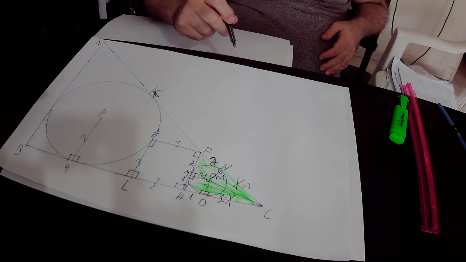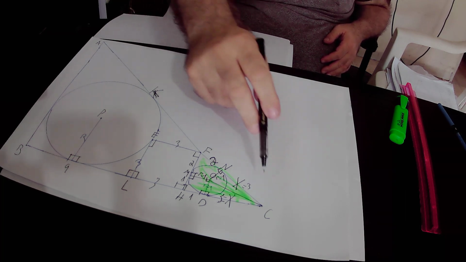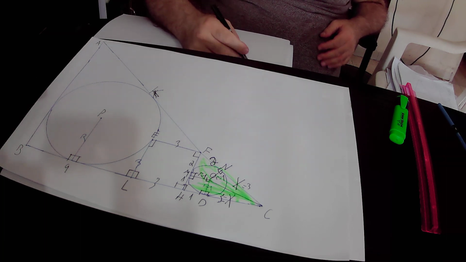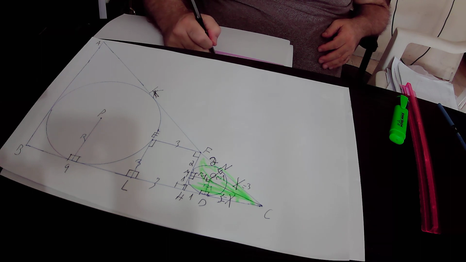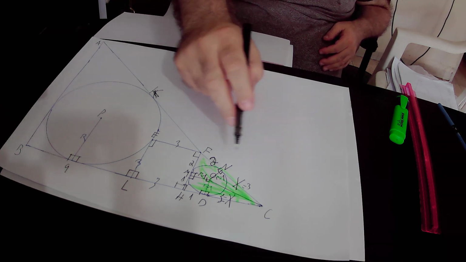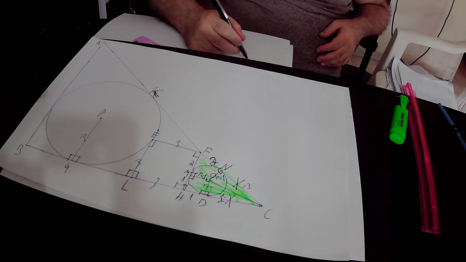In addition, NC or CN equals CD according to rule number 2. CN equals CD, they are both equal to 3 units according to rule number 2. And finally, CO is a common side that belongs to both triangles, so CO equals itself.